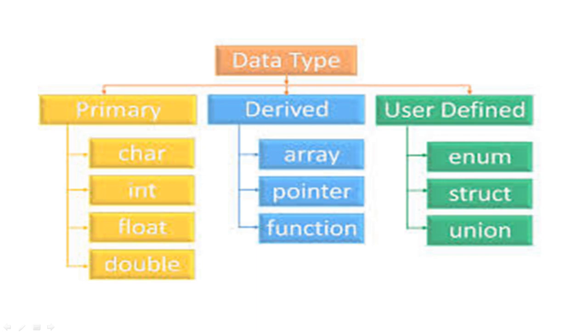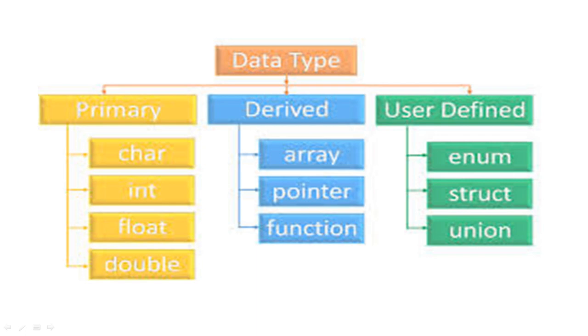Char is to store a character value, a single character. Int is for storing integer type of values, float is for fractional numbers, and double is for large fractional numbers.